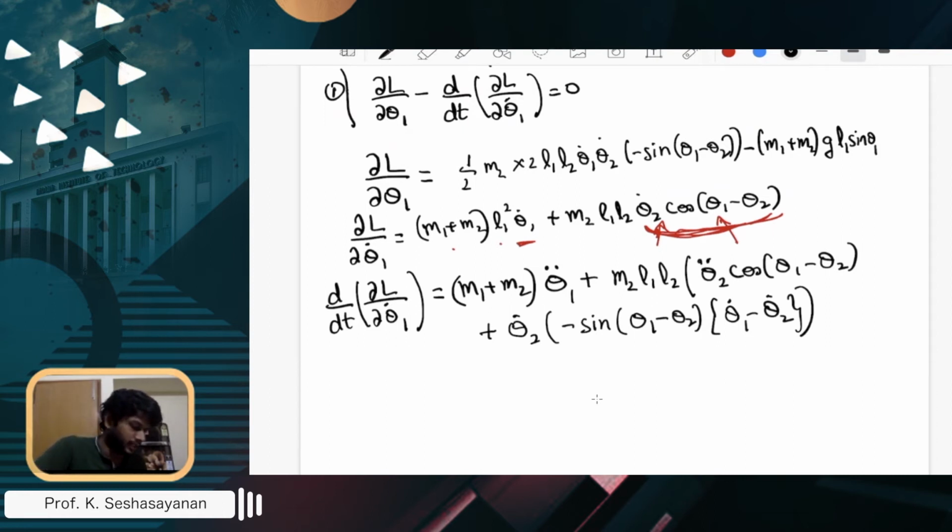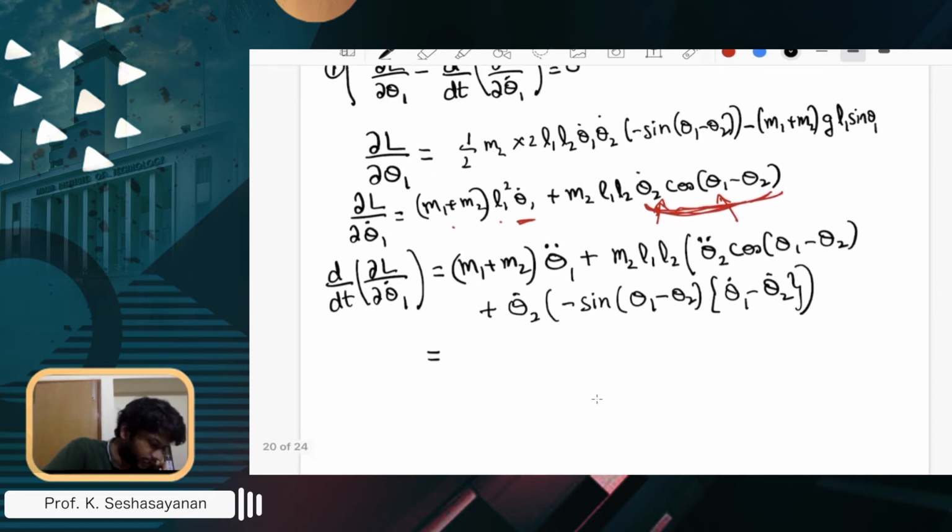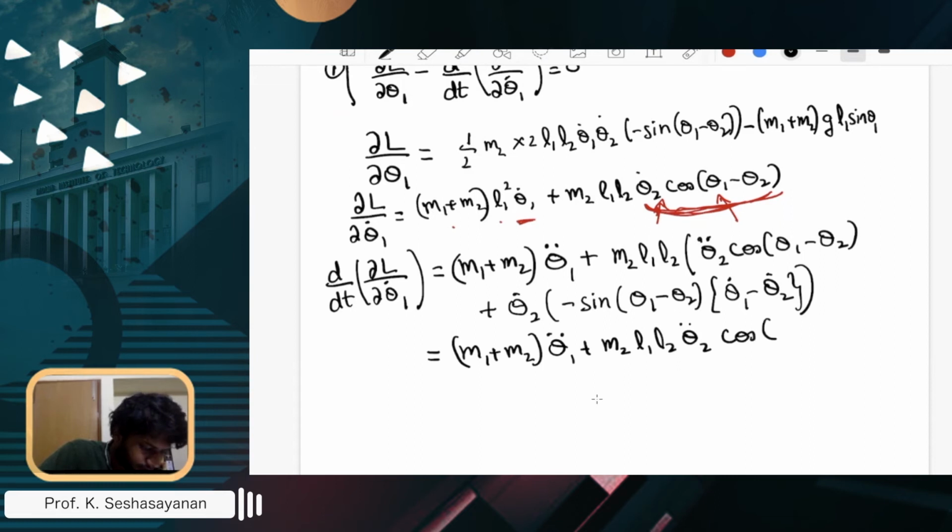So that we can expand. That gives us m1 plus m2 theta 1 double dot. The first term is m2 L1 L2 theta 2 double dot cos of theta 1 minus theta 2.